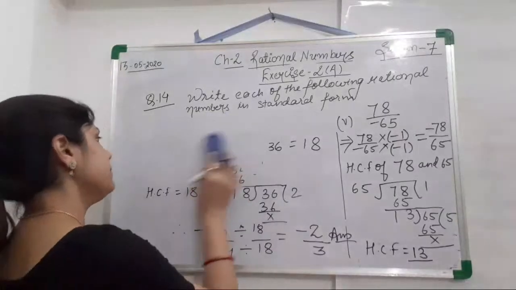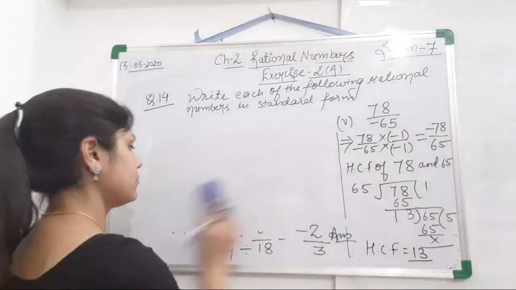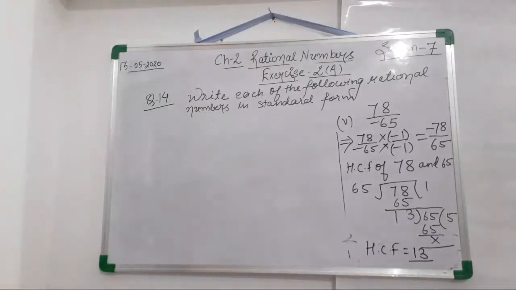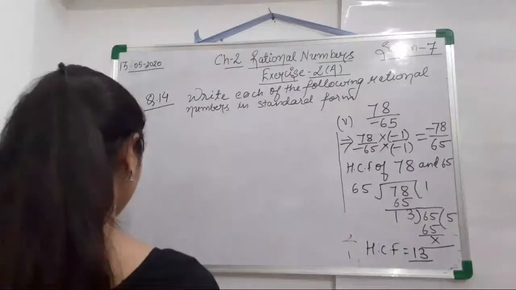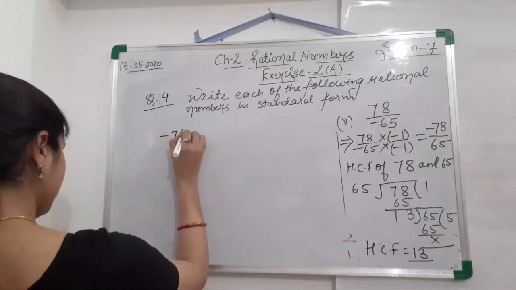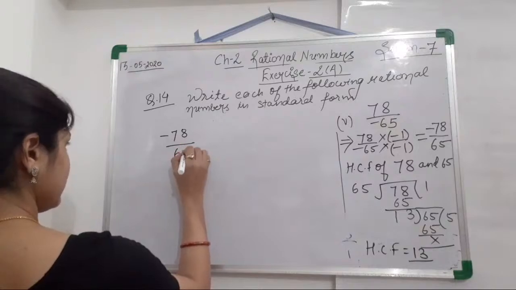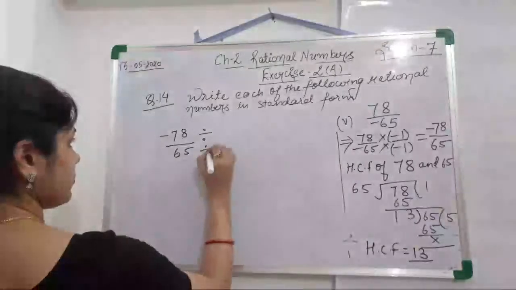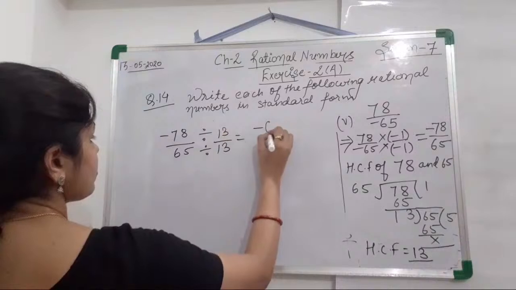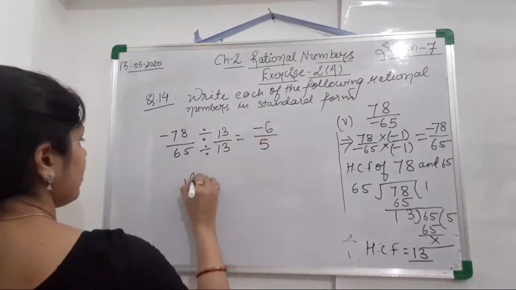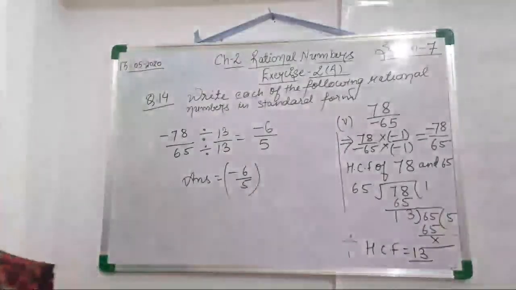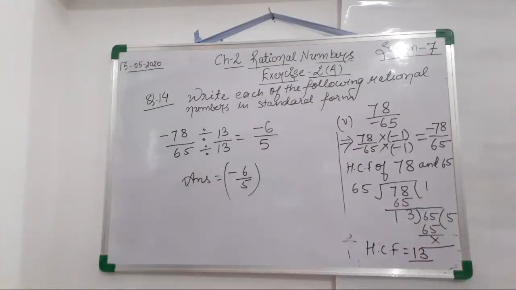So I am doing it here. It is equal to minus 6 upon 5. So the answer is equal to this; this will be your required answer. Similarly, you have to solve these questions, okay?